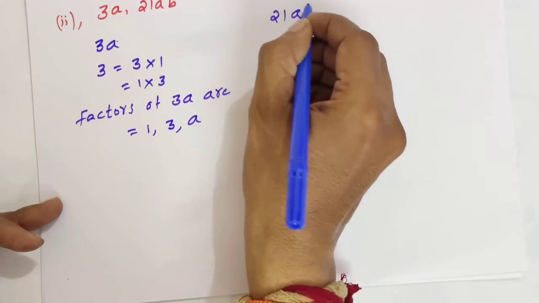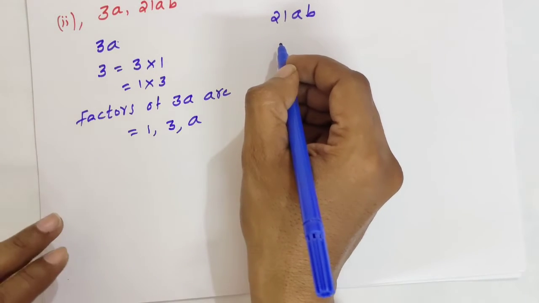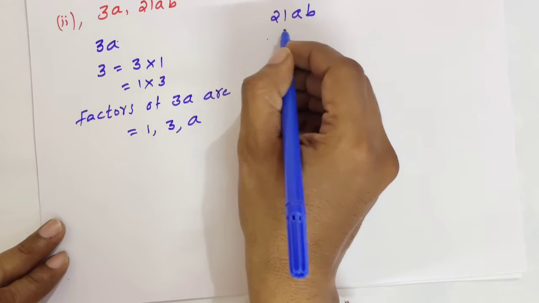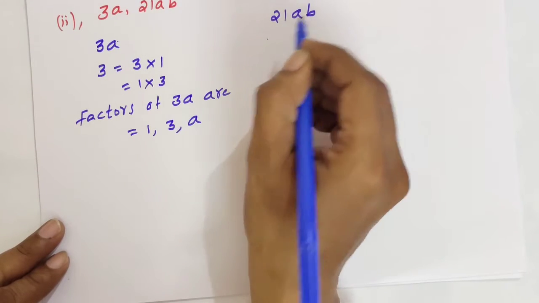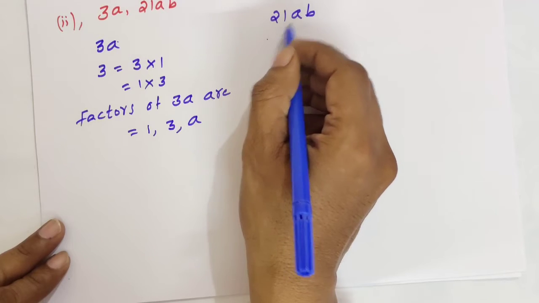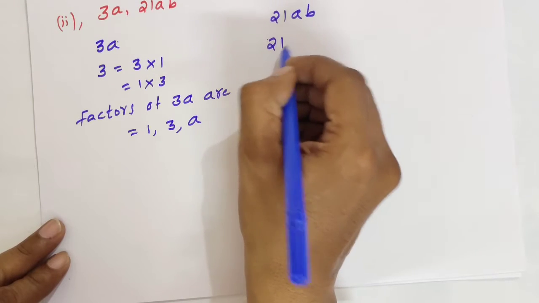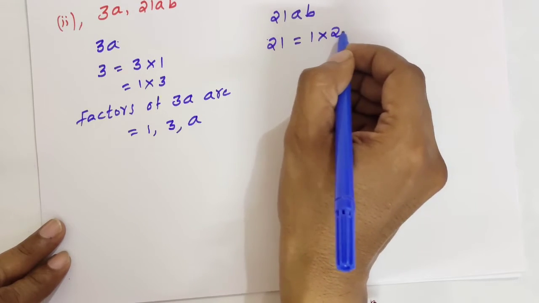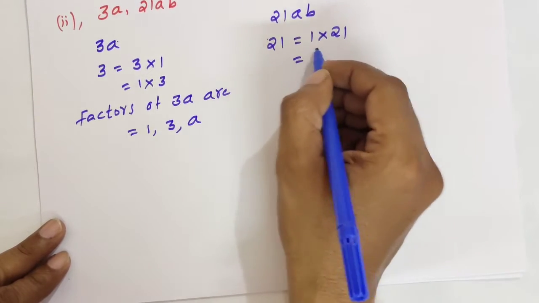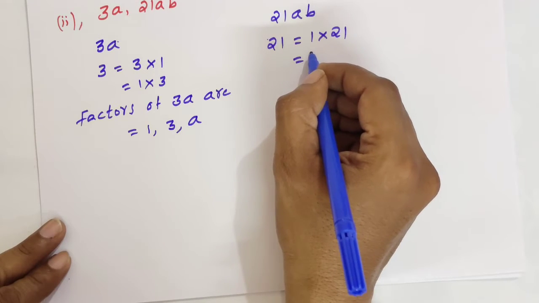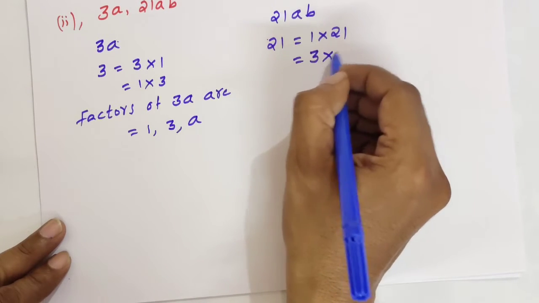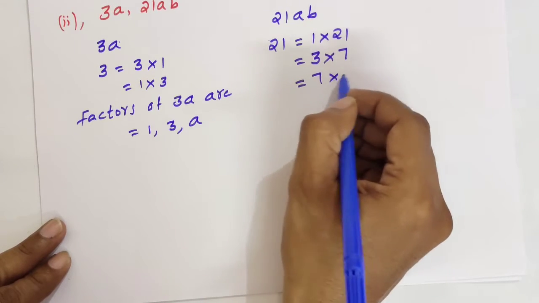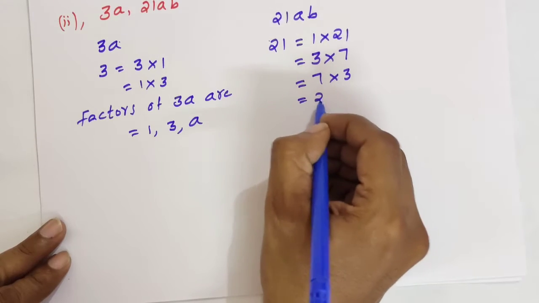Now the factors of 21ab. Already we have 21, a and b as the factors of 21ab. Then again clearly for 21 also we have to write. So simply you can write 1 into 21, and then 21 goes by the 3 table, 3 7s, and again 7 3s, 21 1.